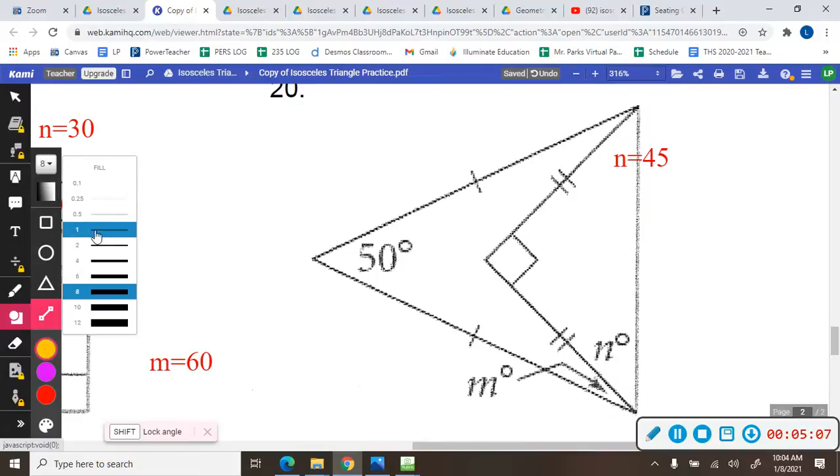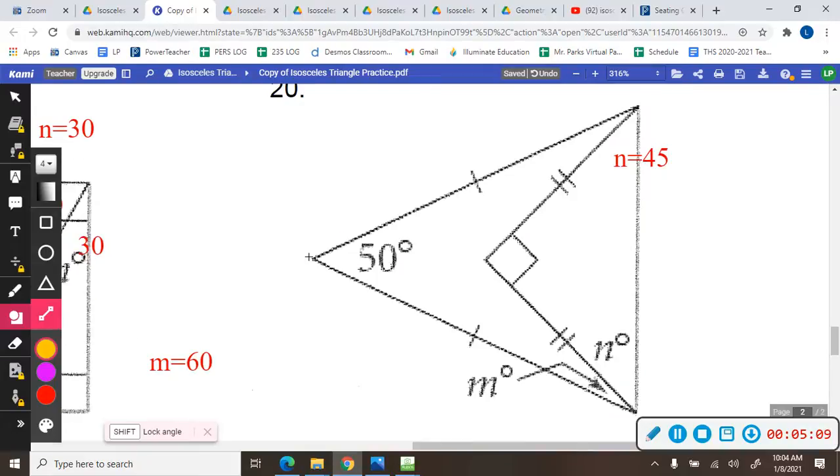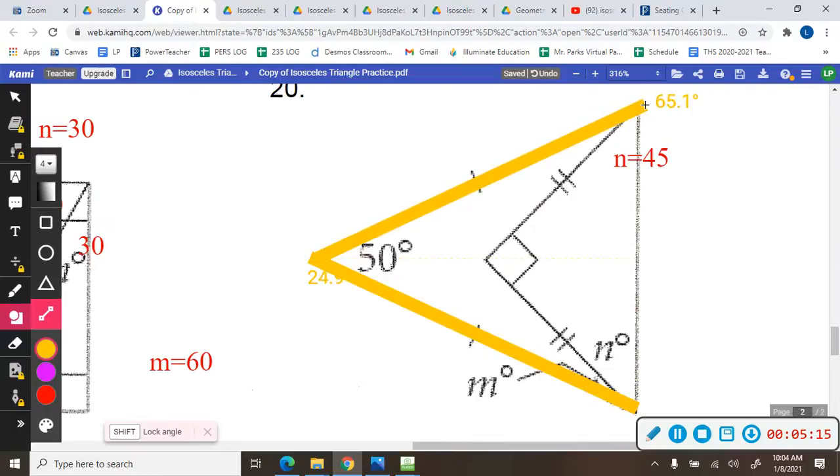we'll try again. So this triangle, we know that's isosceles, and so the angles opposite the two sides will be congruent. So this is our vertex angle, that's 50 degrees.